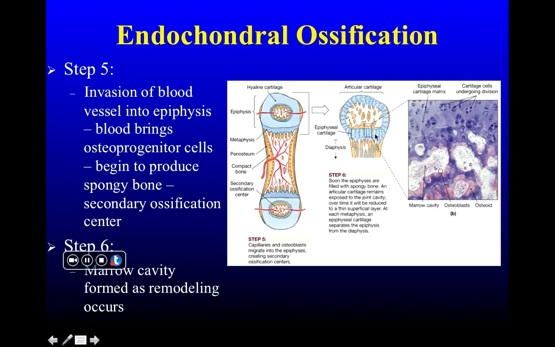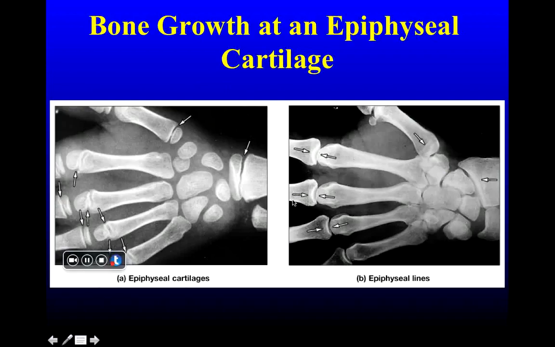But as you approach age 25, what do you think is going to happen to this epiphyseal cartilage? It's going to fuse this bone and this bone together and no longer be cartilage. Look at this x-ray. If anyone who's over 25 goes to the hospital and this is their x-ray over here, look at this stuff.